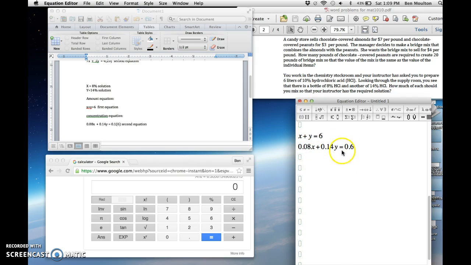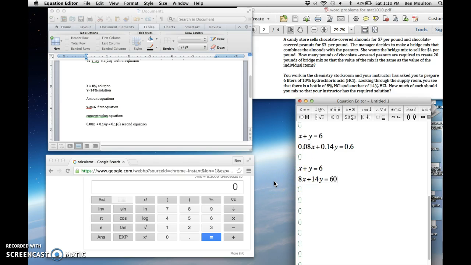Let's go ahead and not work with decimals. So I'm going to multiply that second equation through by 100. Hopefully you guys know how to do that. When you multiply through by 100, basically all you're doing is just moving the decimal place 2 locations to the right. So we're looking at 8x plus 14y, and that's going to equal not 6, but 60, right?